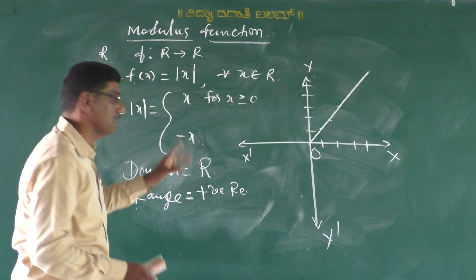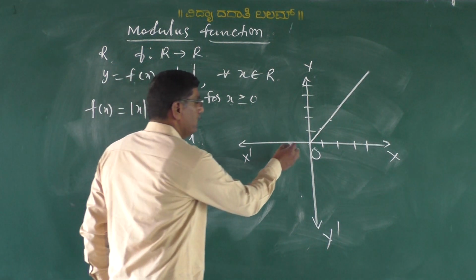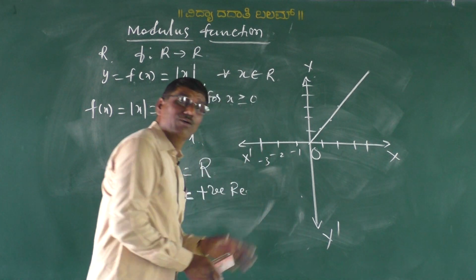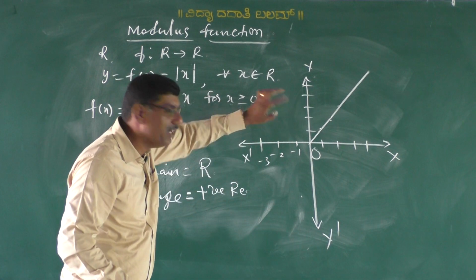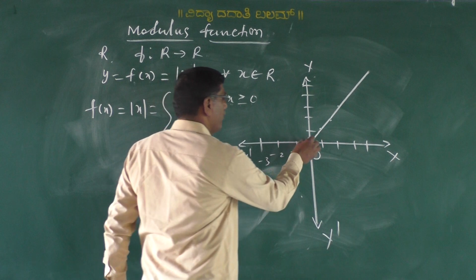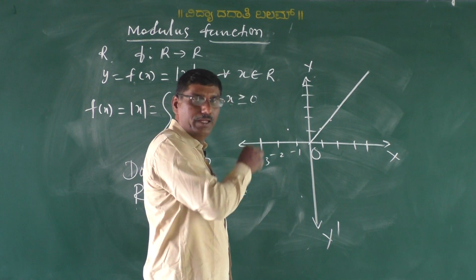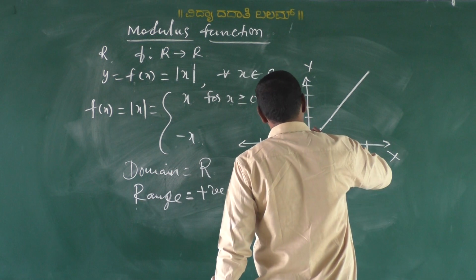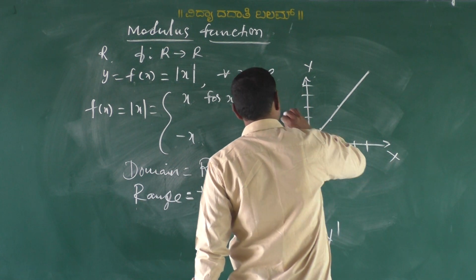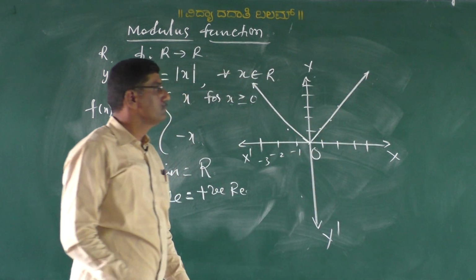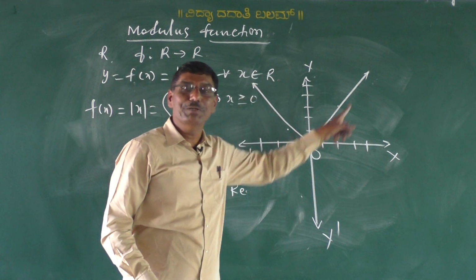For negatives, see here, for minus 1, minus 2, minus 3, we get positives. For minus 1, we get 1. For minus 2, we get 2. For minus 3, we get 3. That means the graph is like this. This is the V-shaped graph.